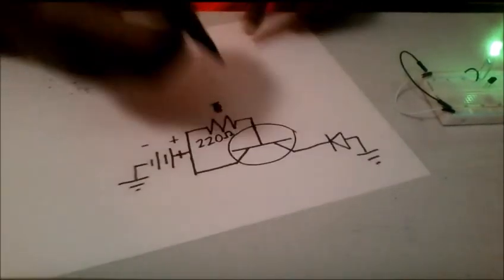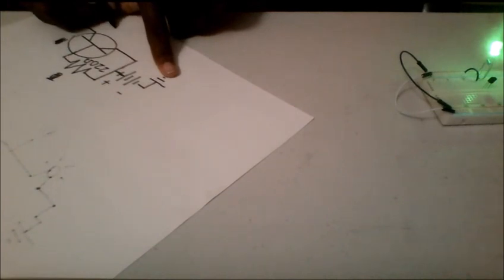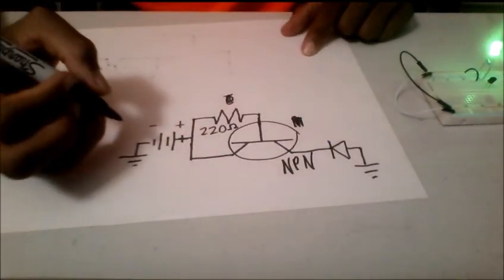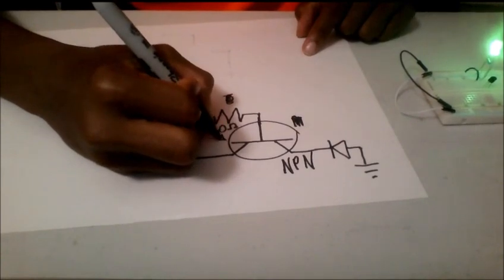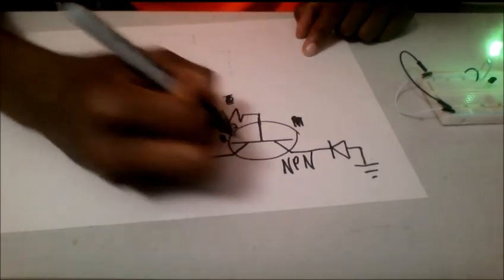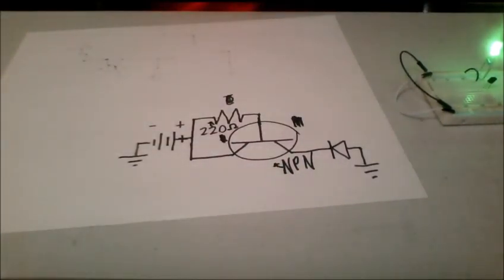This is the PNP. NPN transistor, and this is the LED, right? Put an arrow here. No, not here. Here. Put the arrow right there. So that's how you diagram the circuit.